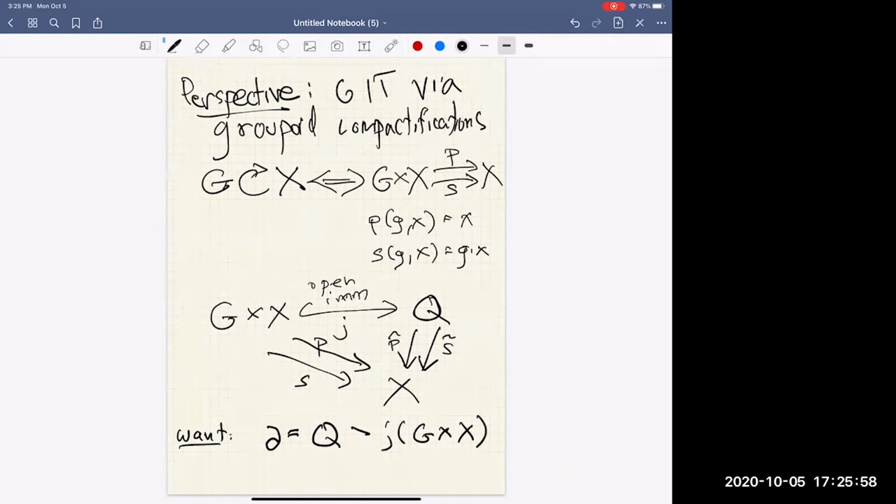Then you want that if you apply the action to the boundary, this is the unstable points. Okay. So let me convince you that this is possible.